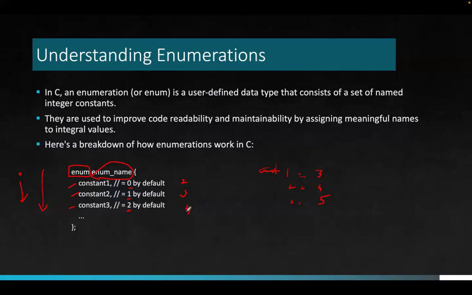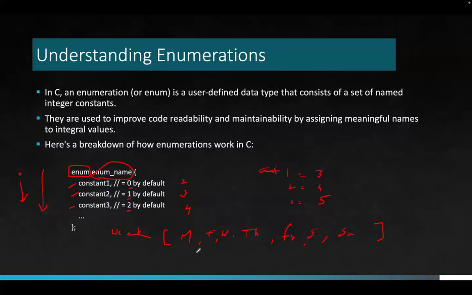Enums are very powerful. If you have any series data, then you can use enums directly for the series data. One classic example is the week. We know a week has 7 days: Monday, Tuesday, Wednesday, Thursday, Friday, Saturday, and Sunday.